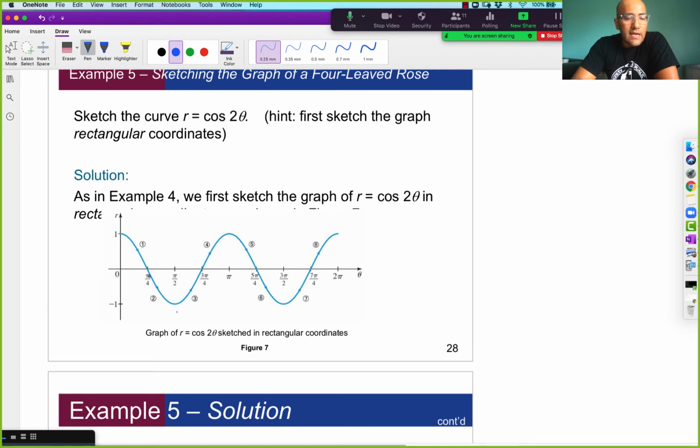As the angle ranges from 0 to pi over 4, it goes from an R value of 1 down to 0. And as it ranges from pi over 4 to pi over 2, it goes from 0 all the way out to negative 1.